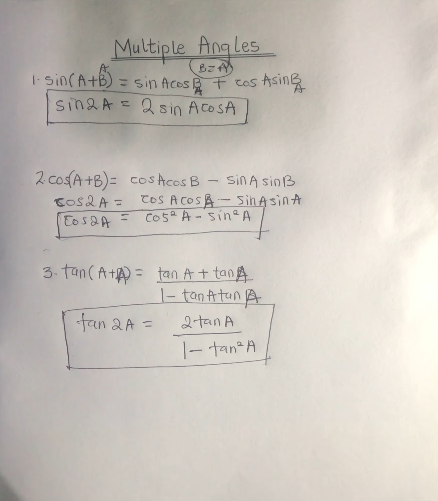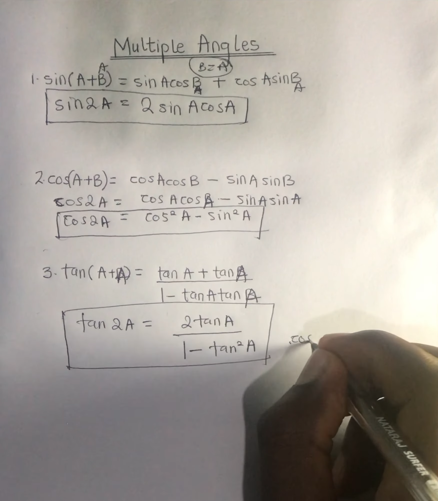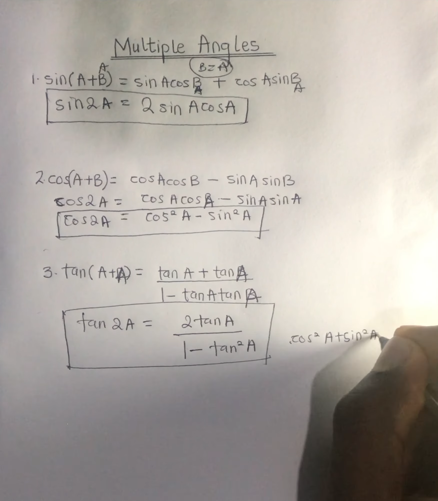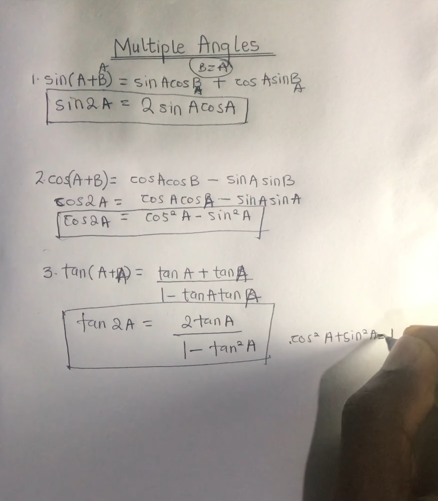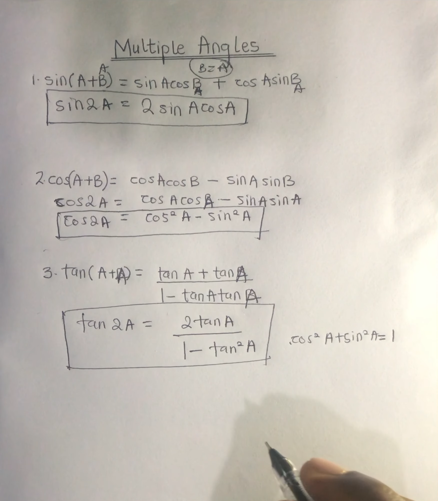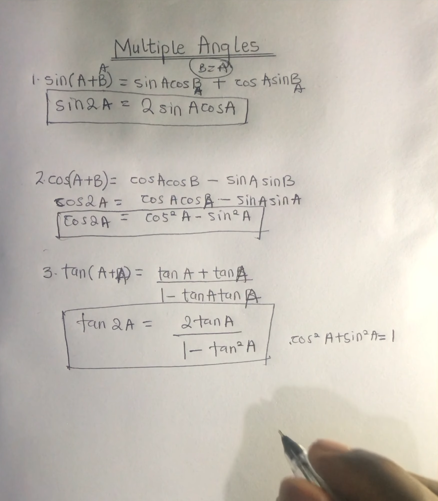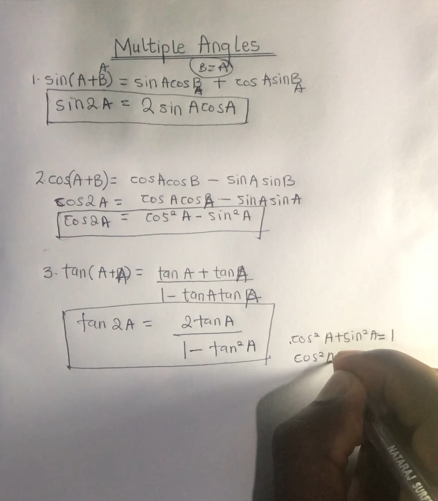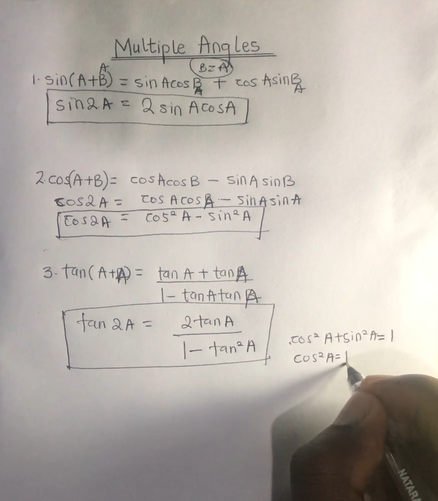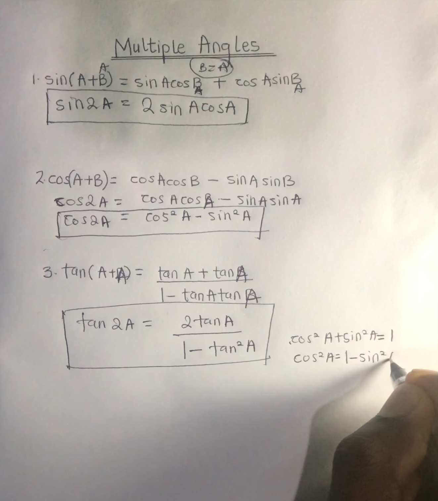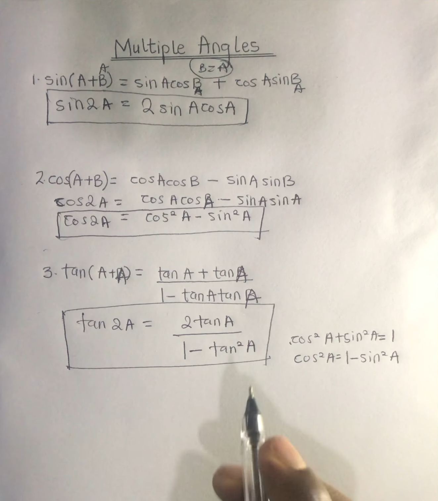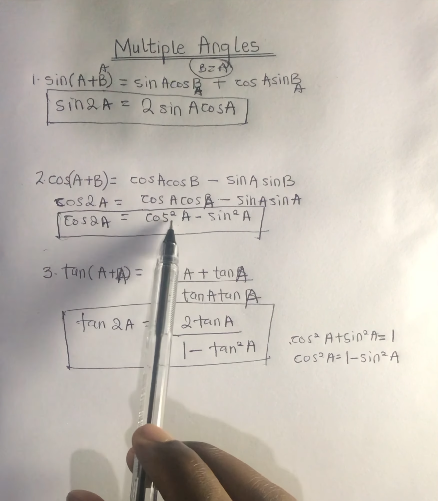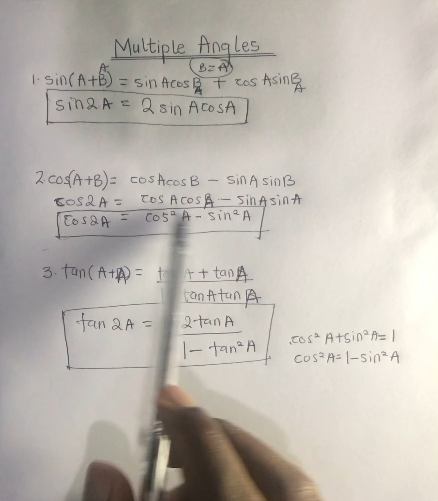Now from our previous videos, we learned that cos square A plus sine square A is equal to 1, right? So making cos square A the subject in this equation, we obtain cos square A is equal to 1 minus sine square A. Now let's take equation 2 for example.